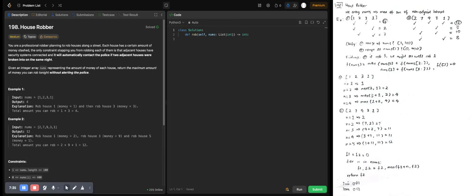So I think from here we can see that if we want to rob the nums, okay, let me write down something here.